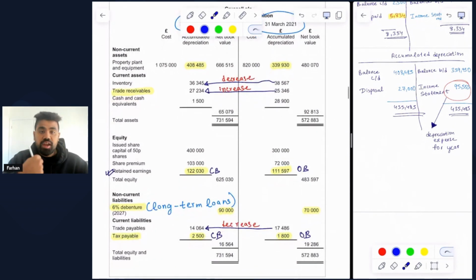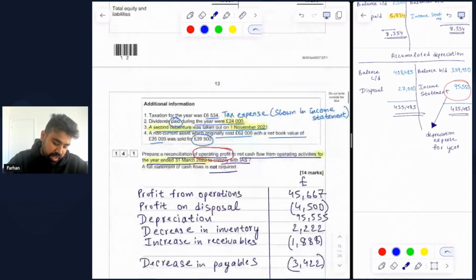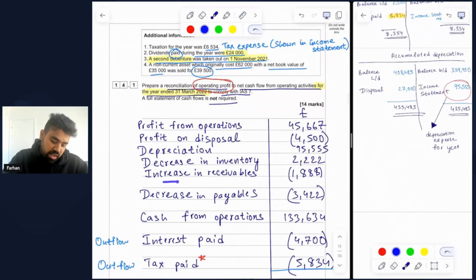Now, if there is an increase in trade receivables, this refers to the fact that you have got less cash, because increase in trade receivables simply means that you have made more credit sales, which would obviously reflect less cash coming into the business. And that is why you are subtracting that. So increase in receivables, 1,888.